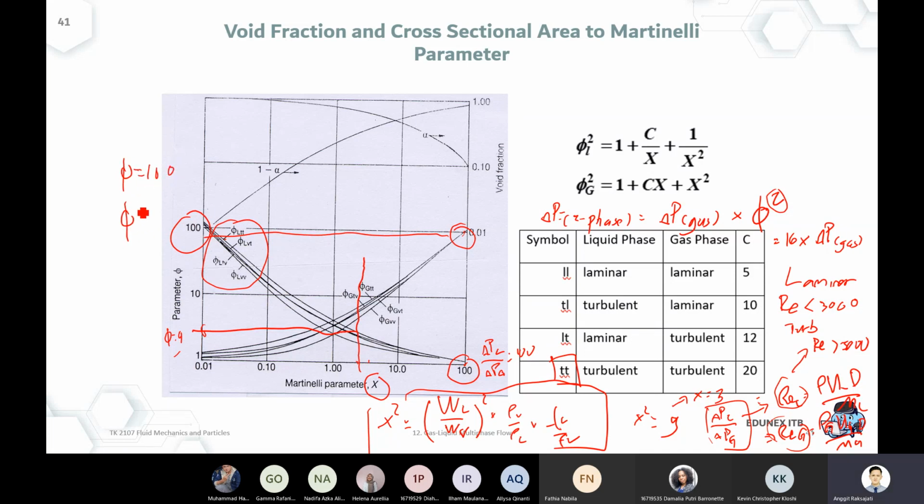That means the modulus squared will be 10,000. So normally you just have delta P of gas, let's say 0.1 bar per 100 meter pipeline, for example. Now, in the most extreme case of two-phase flow, you get 10,000 times higher than that. That means it's 1,000 bar per 100 meter.